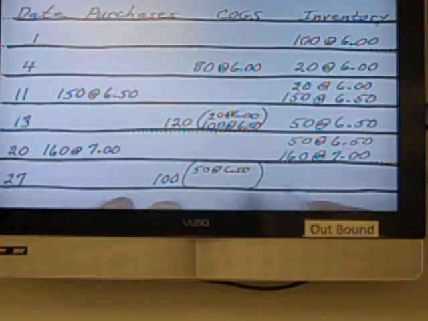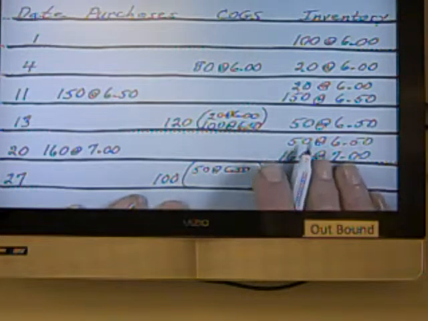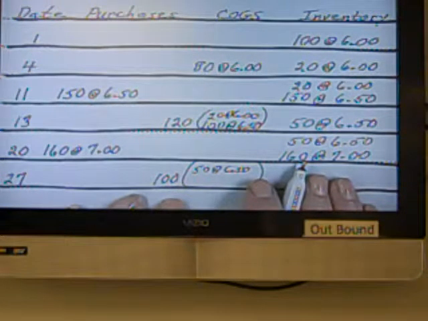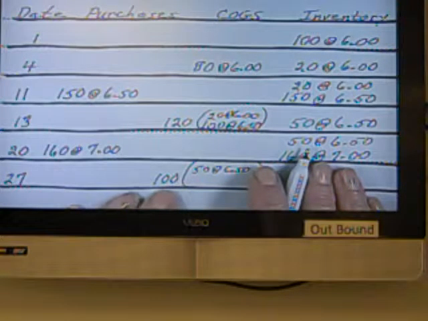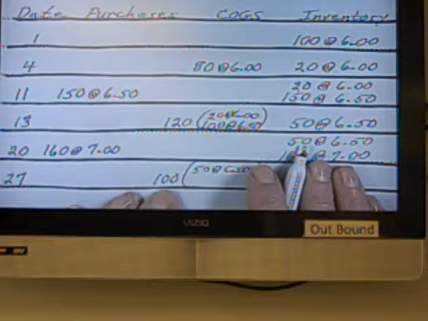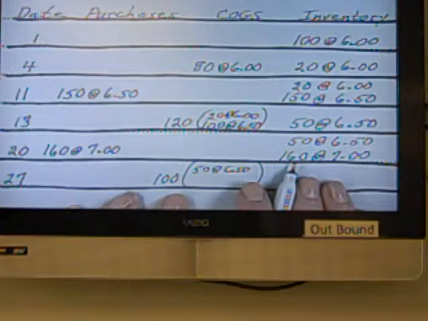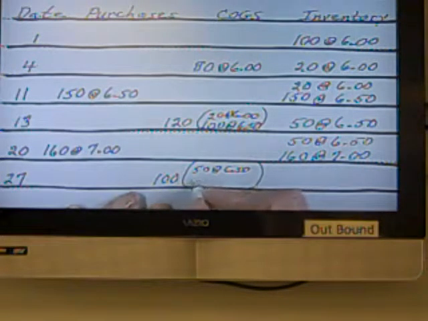I'll put that in parentheses because we're selling all of this layer and part of this layer. So this 100 would have been made up of the 50 at $6.50 and 50 of these at $7. So that's another 50 at $7.